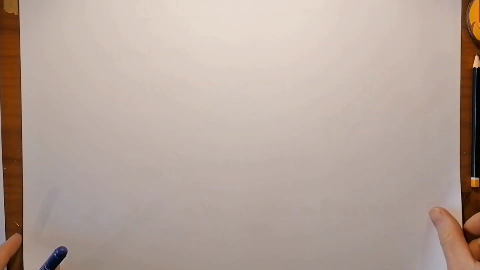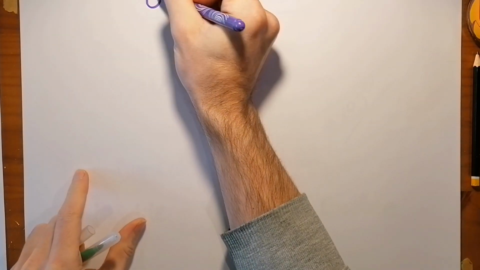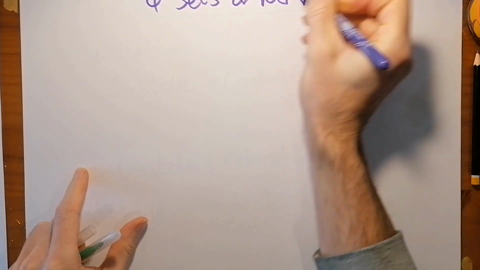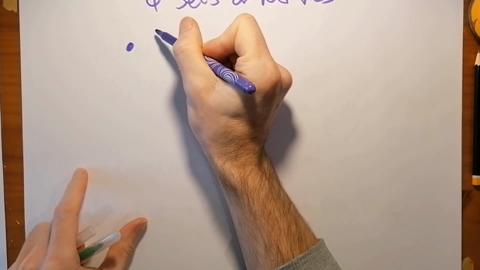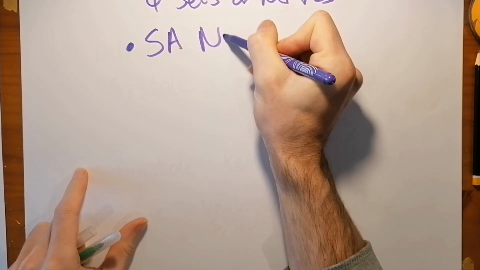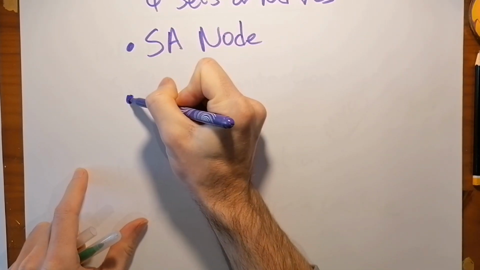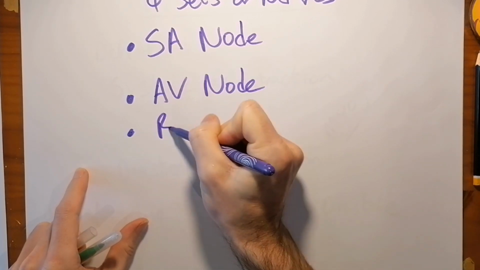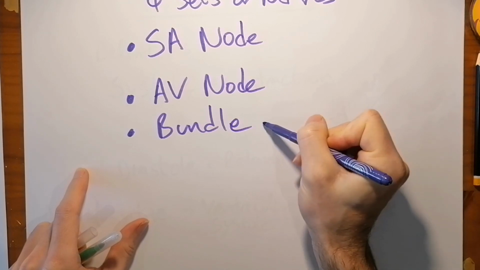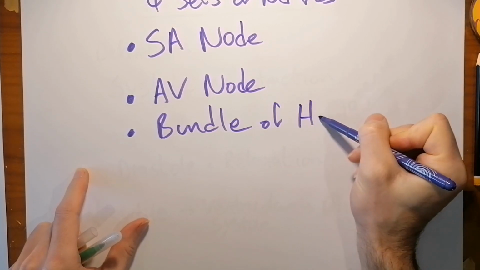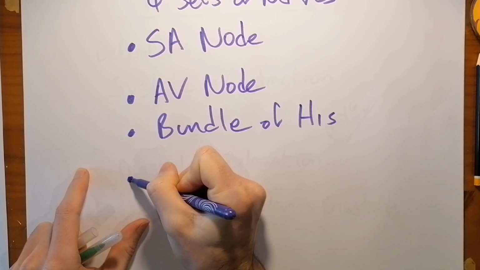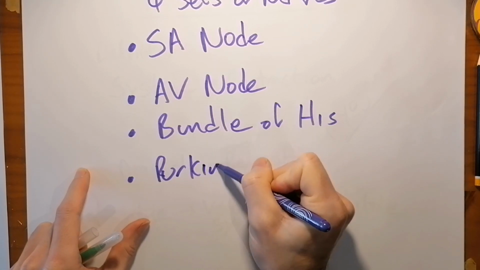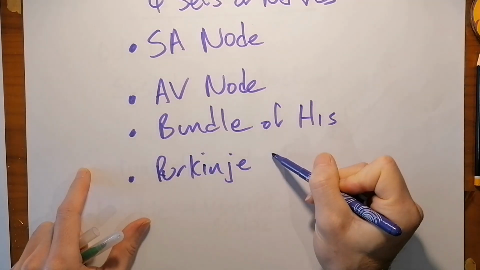So there are 4 sets of nerves within the heart. They are the SA node, the AV node, the bundle of His, and the Purkinje fibers.